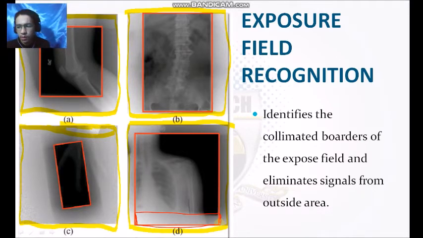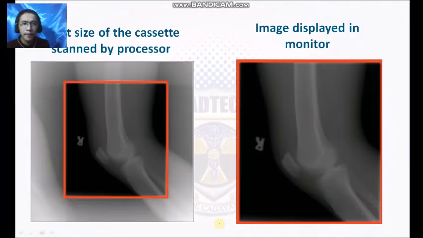Okay? So when it comes to processing of the image, we'll try to understand exposure field recognition more. When it comes to processing of the image, you did not see the exact size of the cassette scanned by the processor. Again, the whole size of the cassette will be scanned by the processor.